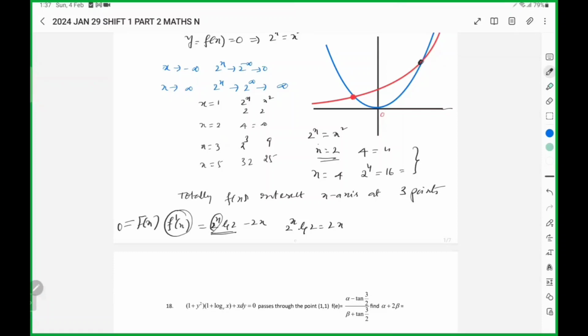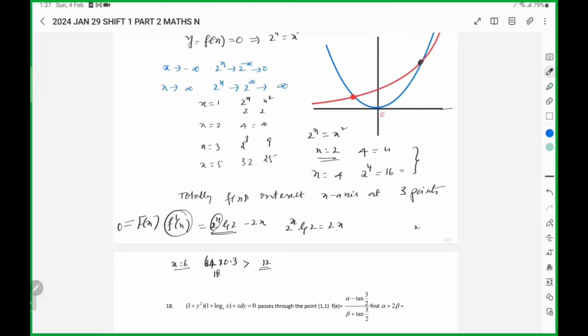So if you take, for example, x at 6, 2 power 6, 32, log 2 is roughly 0.3. One third of it is 10. Here 2 into 6, 12. 2 power 6 is 64, right? 64 into 80. After a certain stage, 2 power x dominates.